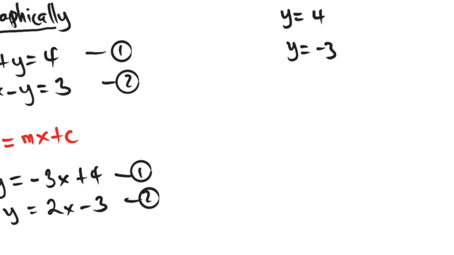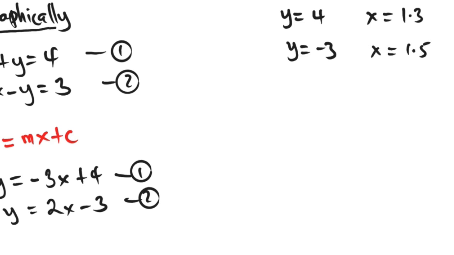Also, still on equation 1, when y is 0, x will be equal to 4/3, which is the same as 1.333. And then for equation 2, when y is 0, x will be equal to 3/2, which is 1.5.